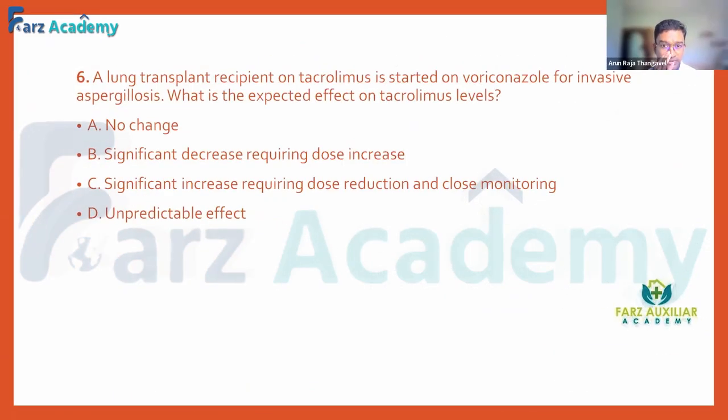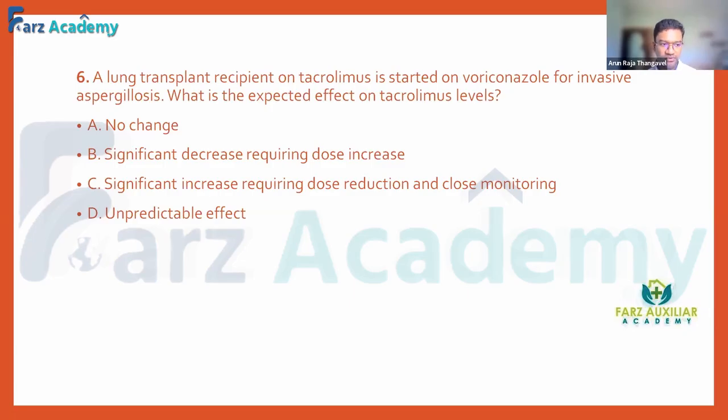Next question. A lung transplant recipient on tacrolimus is started on voriconazole for invasive aspergillosis. What is the expected effect on tacrolimus levels? A, no change. B, significant decrease in levels requiring dose increase. C, significant increase requiring dose reduction and close monitoring. D, unpredictable effect.